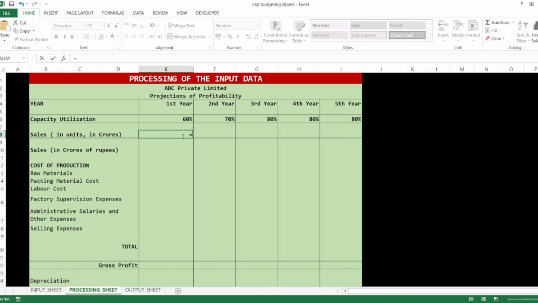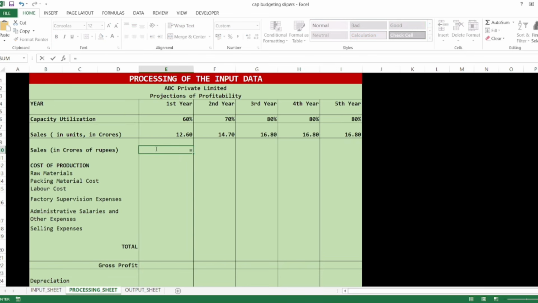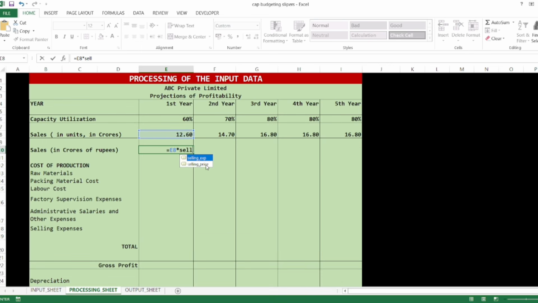Now for the sales, the formula is capacity utilization into capacity. So I'll be selecting the cell, and we have already given the name for the capacity, so into capacity, tab, and enter, and then drag it throughout your fifth year, so you'll get your answer. In the same way, you have to write the formula and then drag it till fifth year.